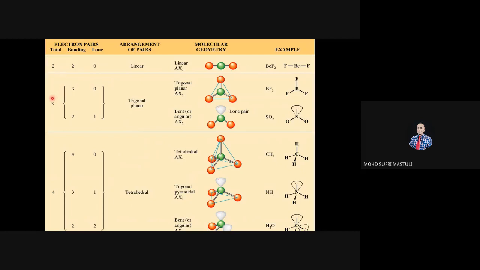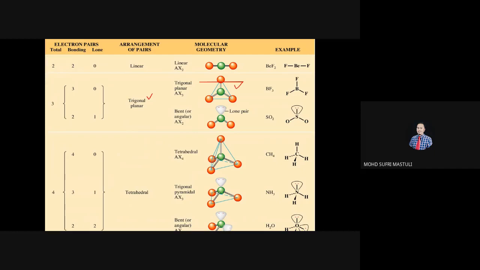If we have an electron domain of 3, we know electron domain of 3 is trigonal planar. If no lone pair, we call it trigonal planar, like this, trigonal planar.